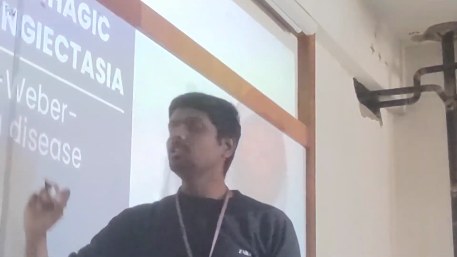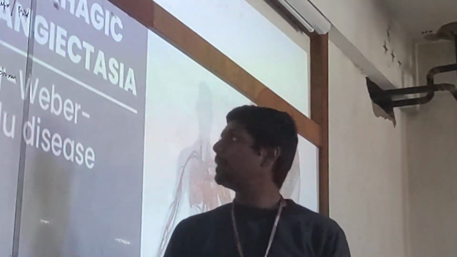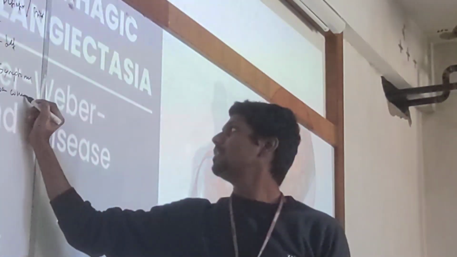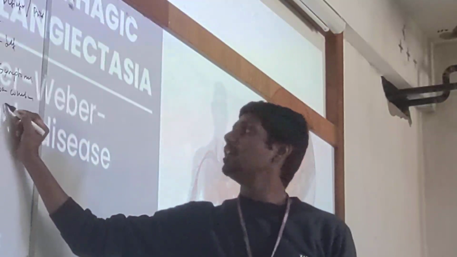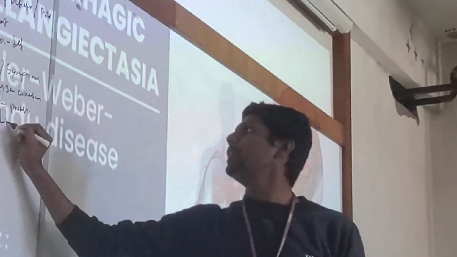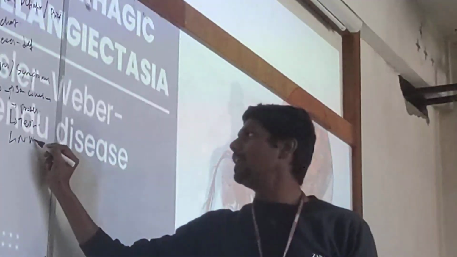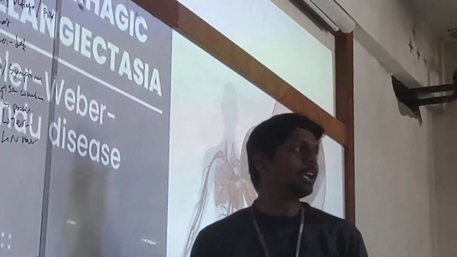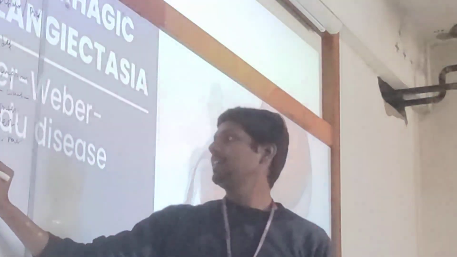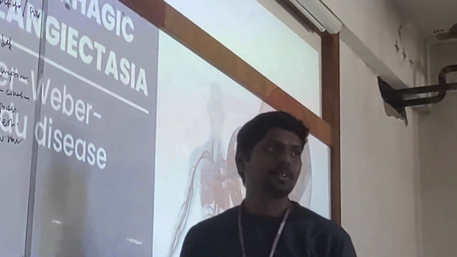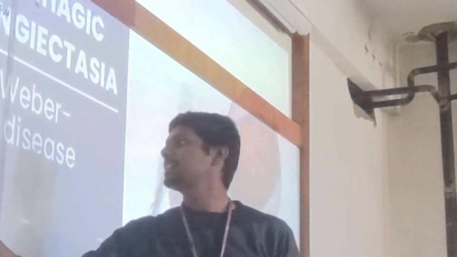Then lab diagnosis, starting from sample collection. What sample you are collecting, how you are processing the sample, what test you are performing, the normal values of the test, then what treatment is available for that condition, and last and final, prophylaxis.